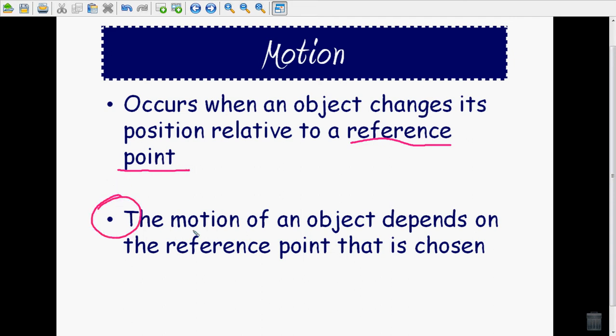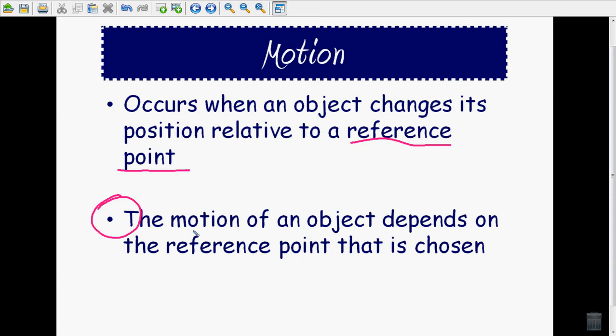The motion of an object depends on the reference point that's chosen. So if I choose an object that's moving, is it truly moving? Like right now, you're sitting down, but you're moving because the earth is moving.